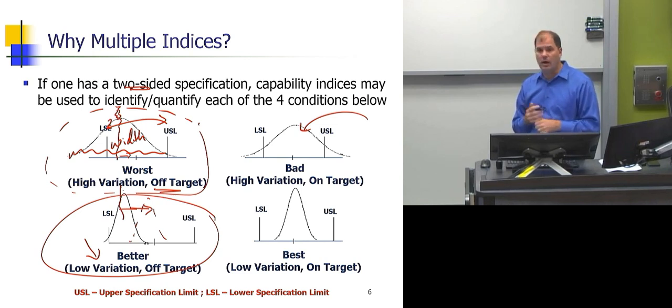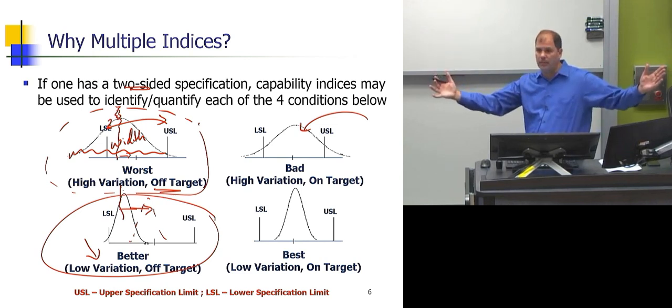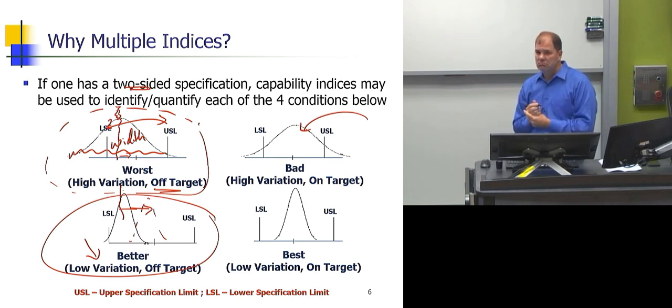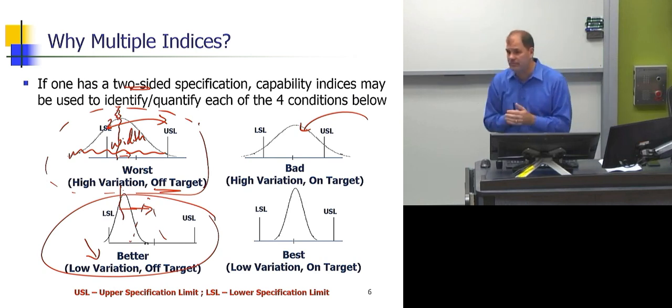A classic way to solve a process with too much variation might be to do what? Maybe change the standardized work. Try to get a more consistent process. If I have a problem which is low variation but mean off target, maybe that's just a matter of a setting. Maybe some setting in my process is off.